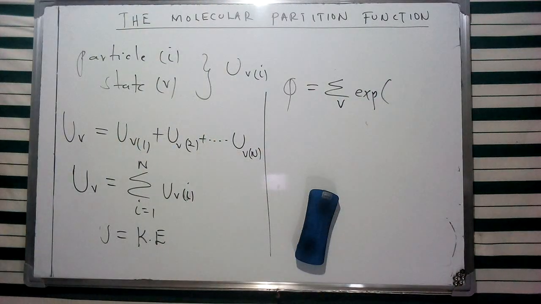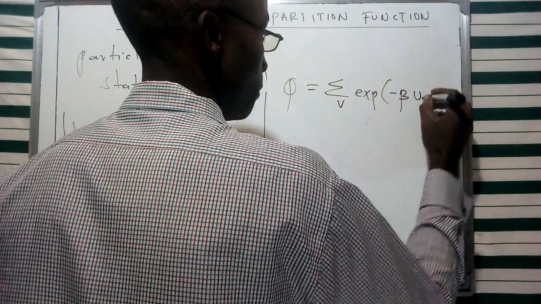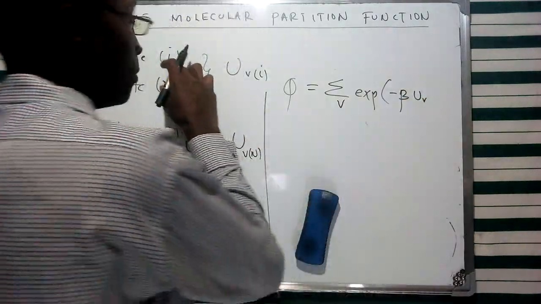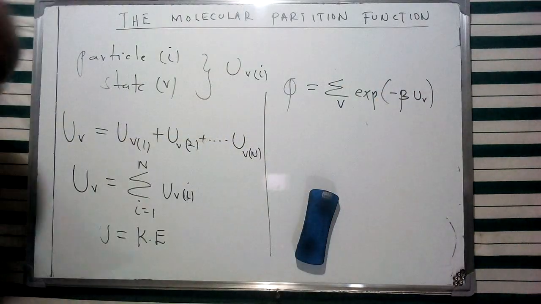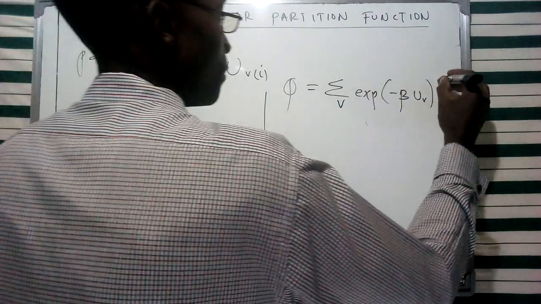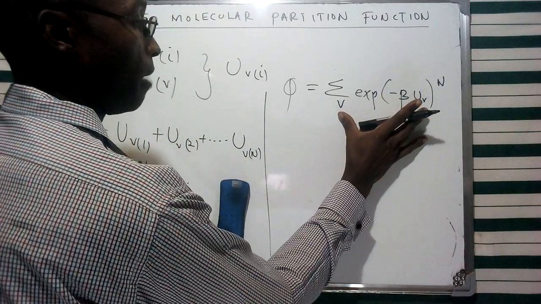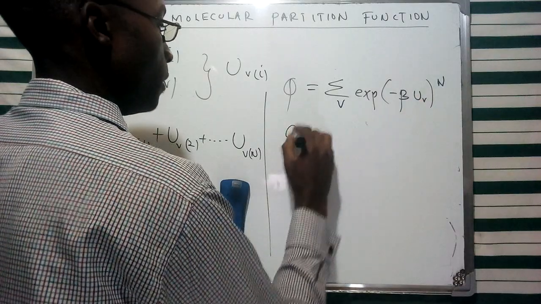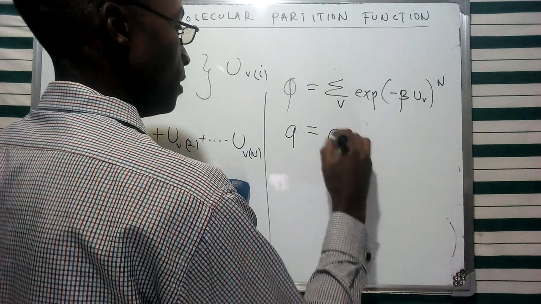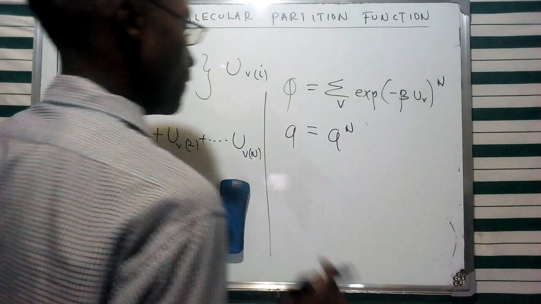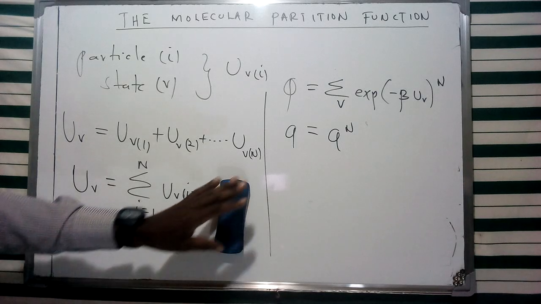So we had this specific representation from the general partition function, but this is the state of an atom, and therefore we represent it using this specific V which I've given. And this is raised to power n. So this partition function is a Q, implying that the total partition function for this specific atom can be considered as Q raised to power n. And this is for what we refer to as distinguishable particles.